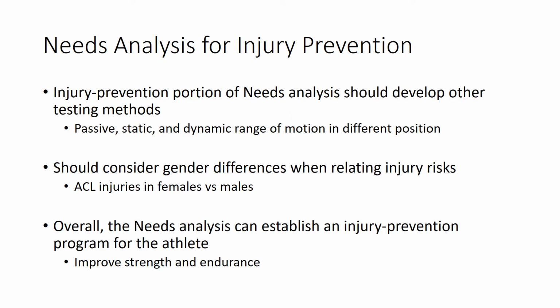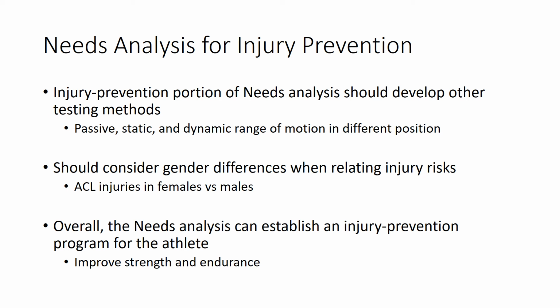During this injury prevention portion of a needs analysis, strength and conditioning professionals should consider developing or at least incorporating other testing methods such as examining passive, static, and dynamic ranges of motion that the athlete is able to attain in many positions. Strength and conditioning professionals can have the athlete perform exercise-related movements while they can note a deficit in the athlete's ability to attain the desired range of motion.